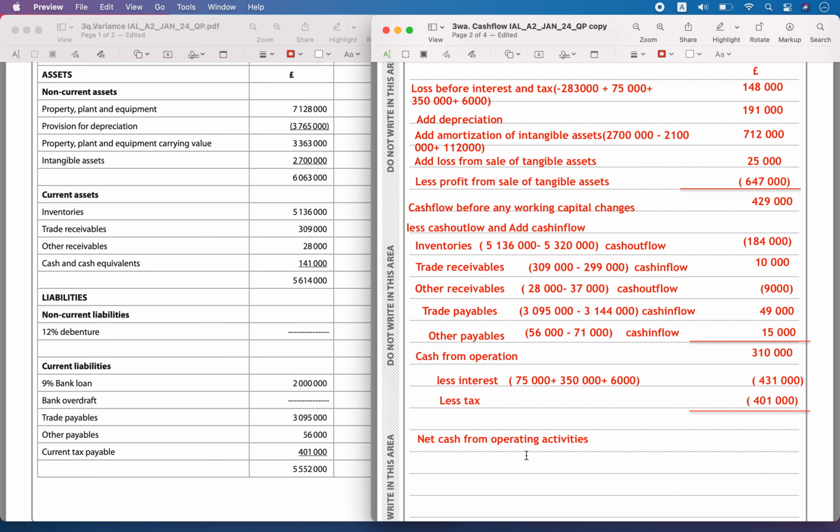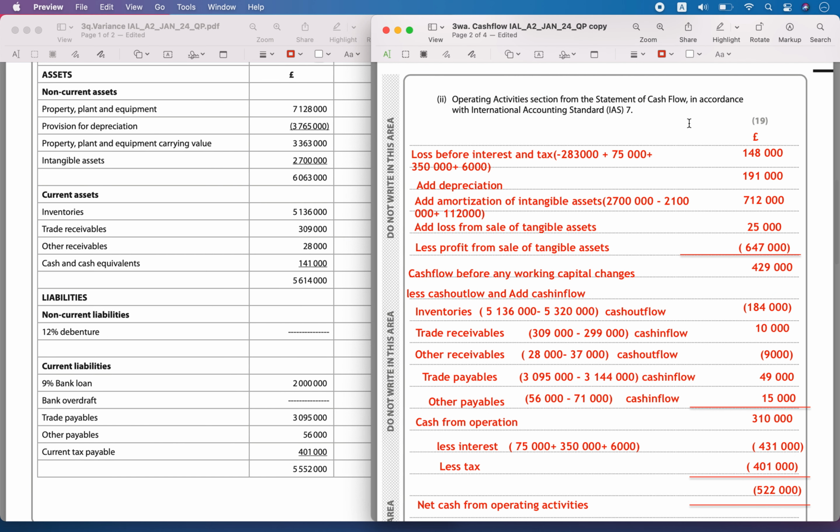That is 310,000 minus 431,000 minus 401,000, which is 522,000, negative. So this was the net cash from the operating activities.